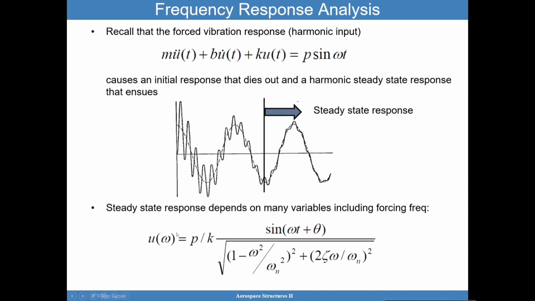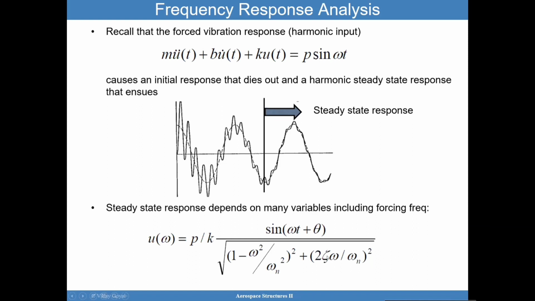Recall earlier that the deflection U is a function of omega. For example, if I make omega close to omega n, and I have no damping, this denominator goes to infinity, which gives you infinite peak response. But all systems have damping, so that is not realistic.